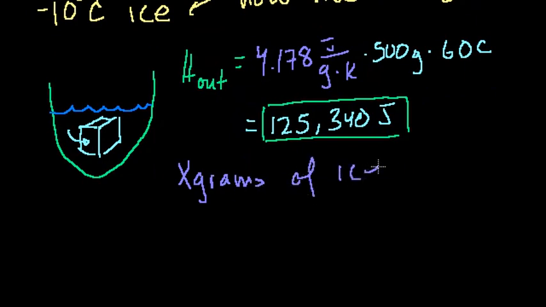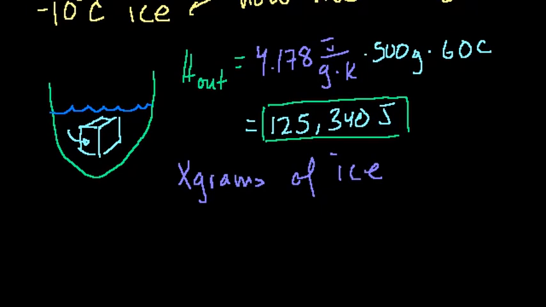And it starts at minus 10 degrees. So when this x grams of ice warms from minus 10 degrees Celsius to 0 degrees Celsius, how much energy will it be absorbing?